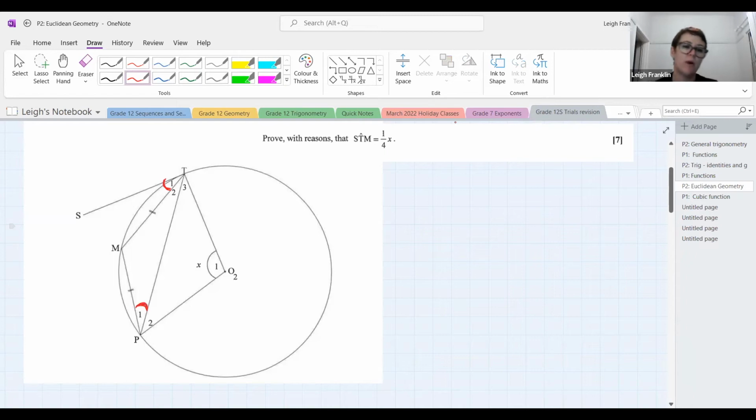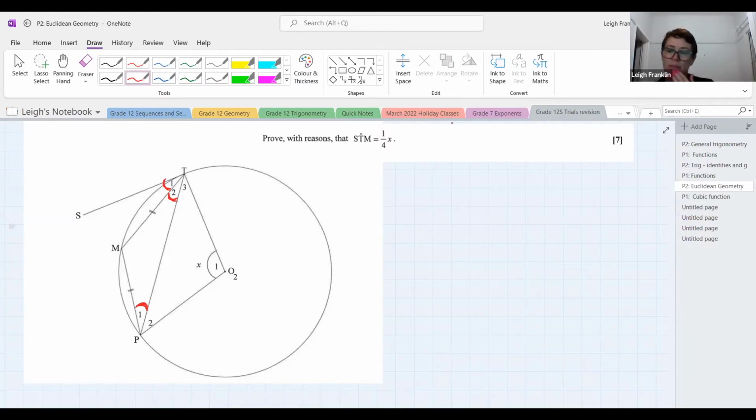So what does P1 equal? Absolutely. What's the reason why? Why does P1 equal T2? You're quite right.